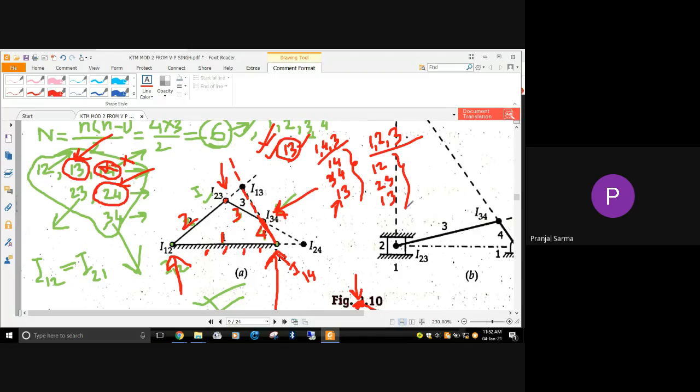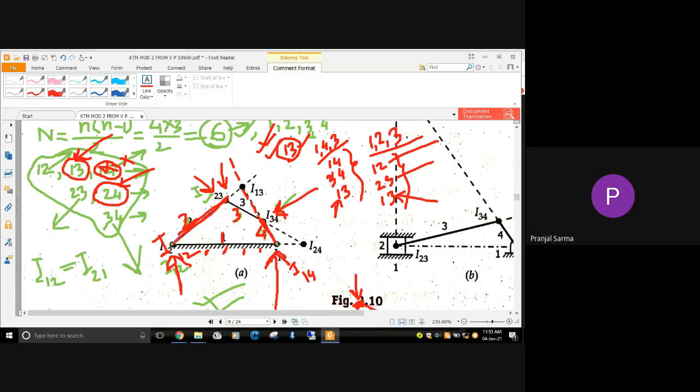Now the good thing is I12 is already located. This is I12. Done. I23, this is also good news, we already have I23, and I13 is left. And where will it be? These three instantaneous centers will be on the same line, and the other two we have already found.